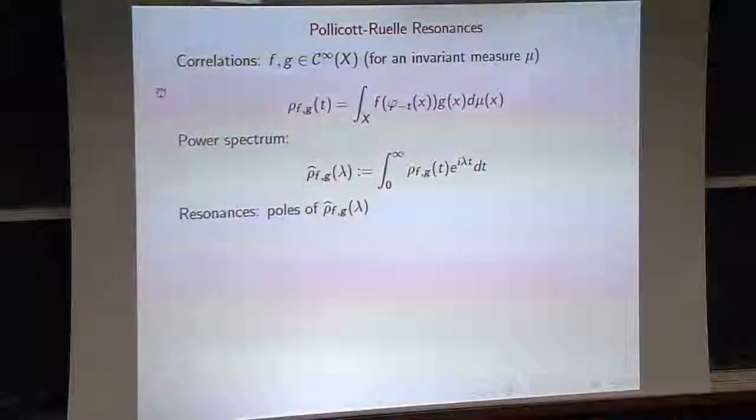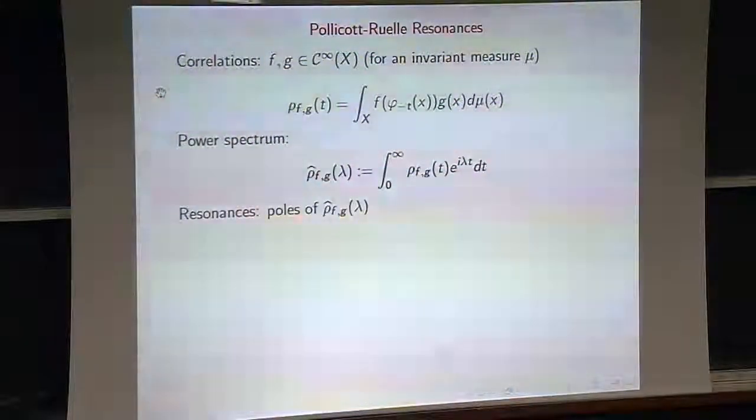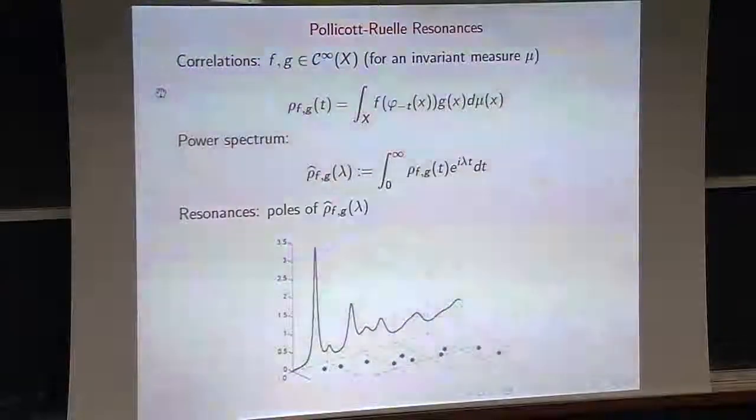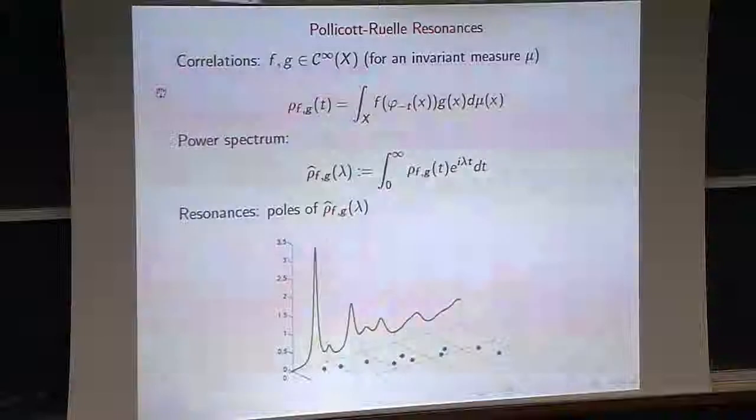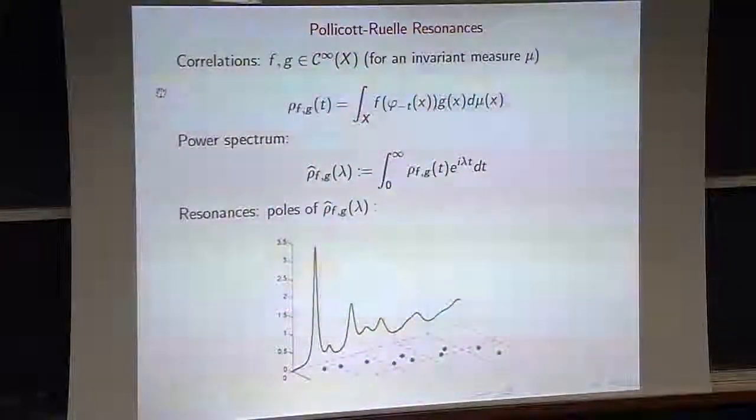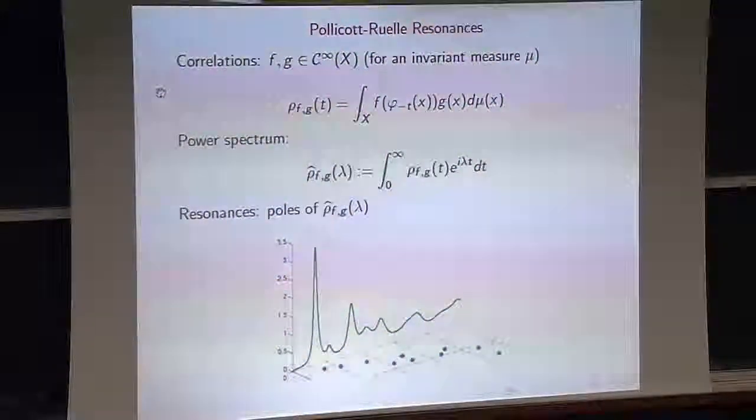But it turns out that this actually continues meromorphically to the complex plane under some reasonable assumptions. And the poles of that are the Ruelle-Pollicott resonances.